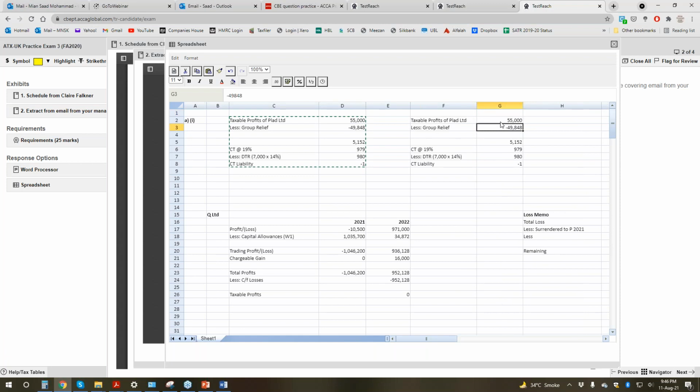The taxable profits will remain 55,000 next year as well, and we can give the heading that it's 2021 and 2022.